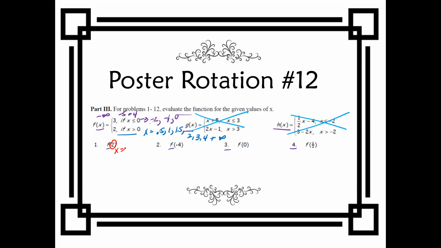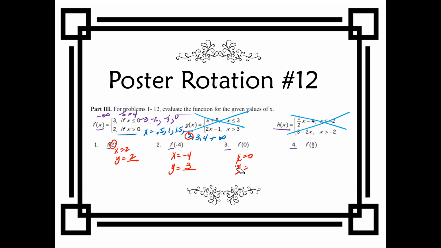When x equals 2, what is y equal to? I see 2 right here. Y equals 2. That's your answer. Here it says when x equals -4, what is y equal to? Well, where's -4 here? It looks like it's in the purple one. So that's going to be a 3. When x equals 0, what is your y equal to?